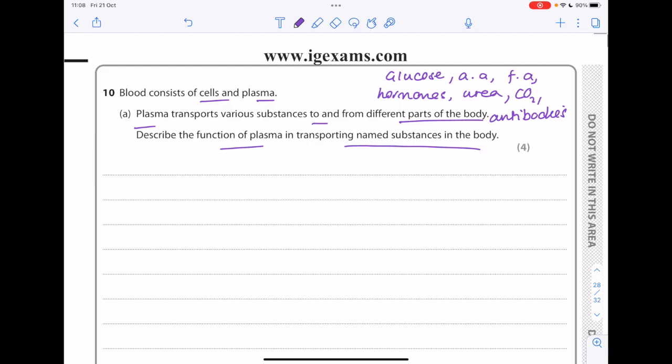But make sure you answer this from the right angle because it's saying describe the function of plasma in transporting named substances in the body. So really it's saying where are those substances coming from and going to?